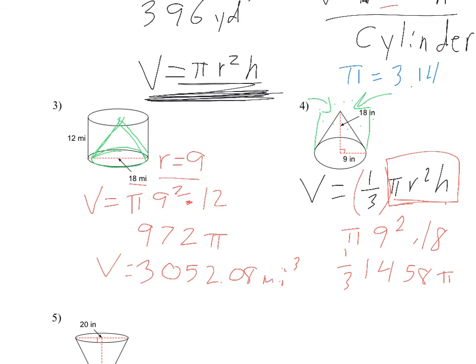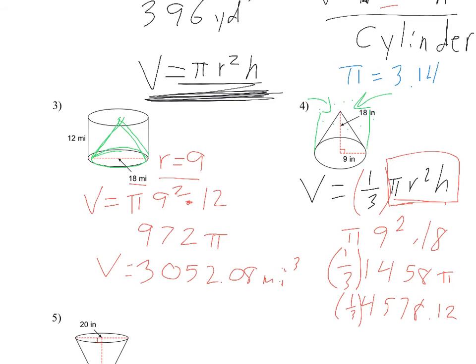Okay, now let's put that parenthesis around the 1/3 like I had it before. So 1,458 times pi, times 3.14 is 4,578.12. And there's still this 1/3 out in front.